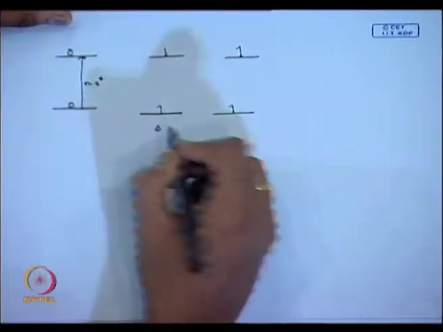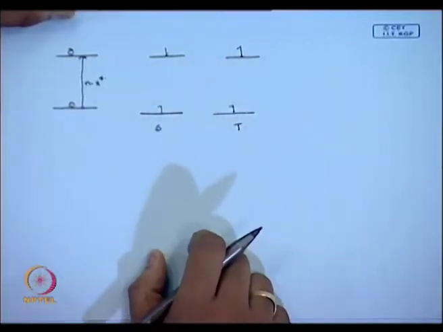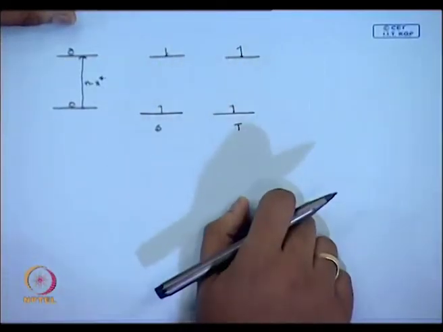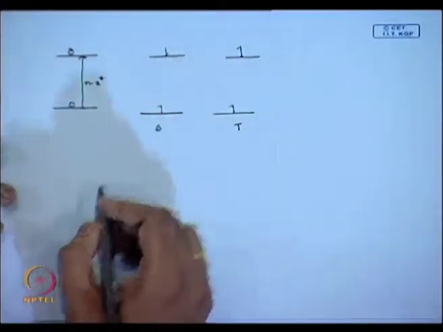So, we call this parallel spin triplet and we call this anti-parallel spin singlet. It is not exactly because of that that we call them singlet and triplet. Why do we call this a triplet? For example, consider this triplet state.